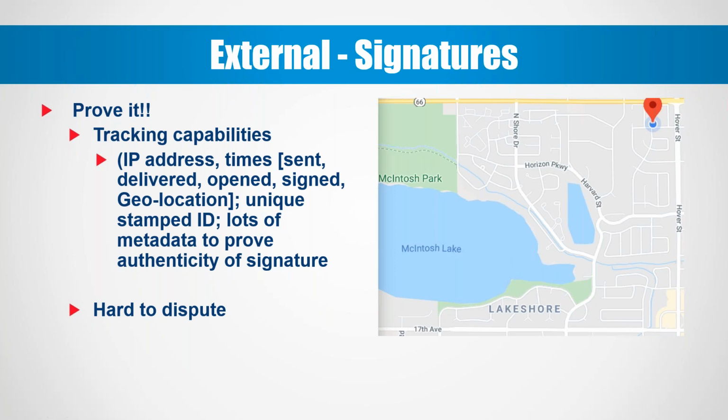Trying to include as much data as possible so that, unlike a person filling it out with a pen, we're using data to prove that even though that recipient wasn't in front of us, that person indeed signed that particular contract.